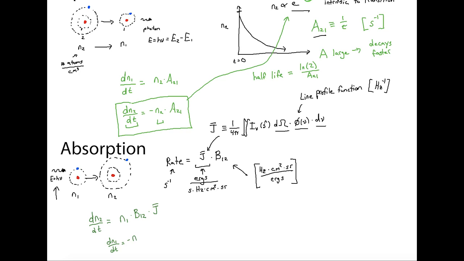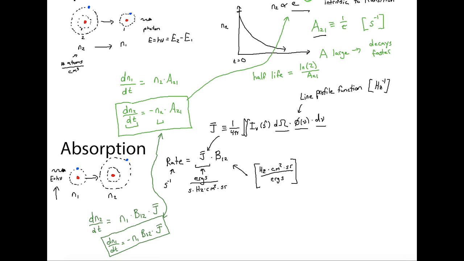It'll be minus N1 B12 J bar. This equation looks a lot like the equation governing spontaneous emission up here, which will tell us that in the absence of any other processes like spontaneous emission, if we start with a bunch of atoms in the ground state and shine some light on it, we will see an exponential curve decaying, where we will see fewer and fewer atoms in the ground state as they all migrate into the excited energy state.